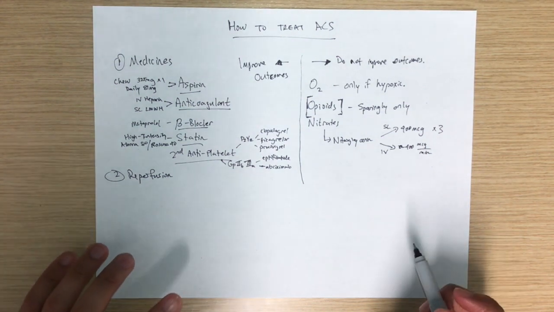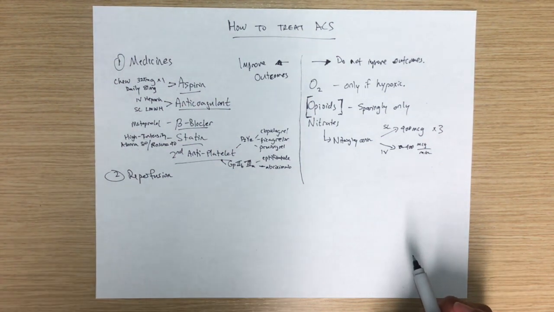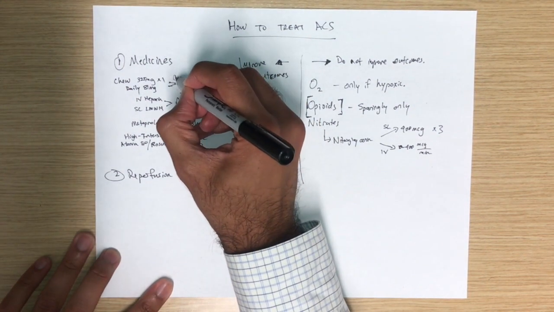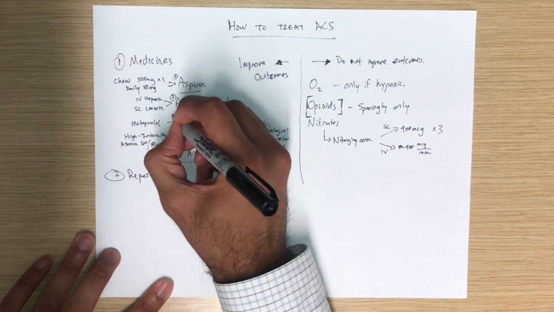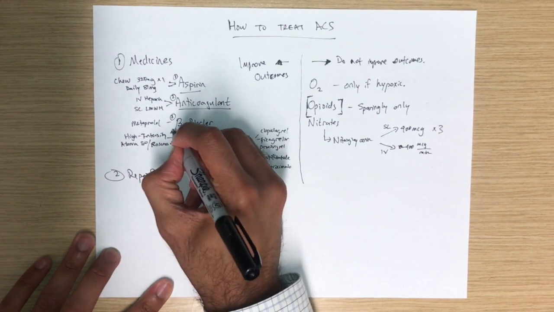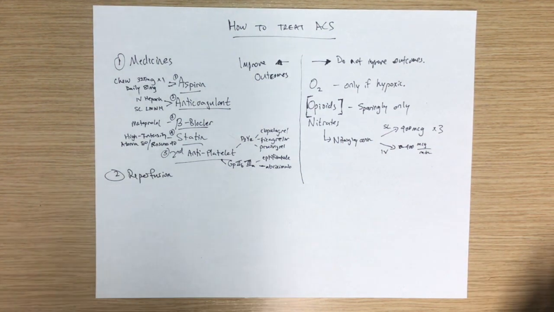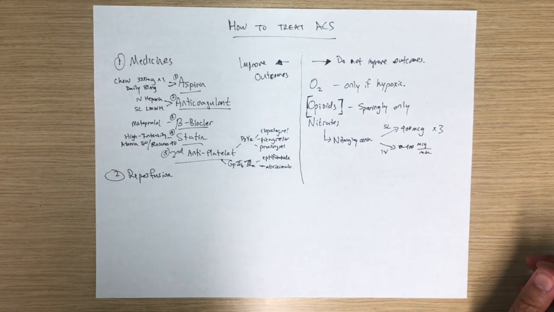All right, so once you've decided that somebody has ACS or that you're going to treat them for ACS, everybody should be given all of these medicines on the left side of this line, all 5 that are known to improve outcomes. A common management strategy I've seen people use is to give people only some of these medicines depending on your certainty of whether or not they have ACS.